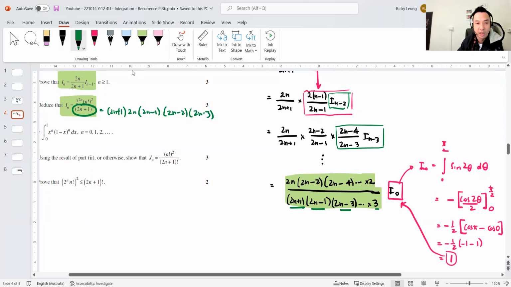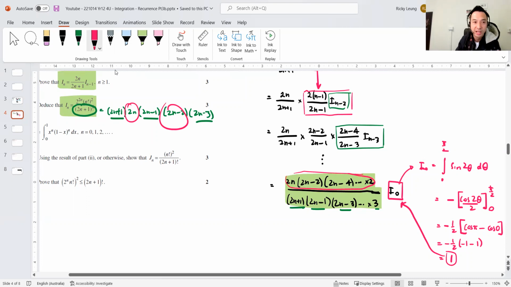So what I currently have is this guy and this guy, and I'm missing that and that. So I'm going to multiply top and bottom of this fraction by the missing guys. And it's no coincidence that the missing guys are exactly what this is.